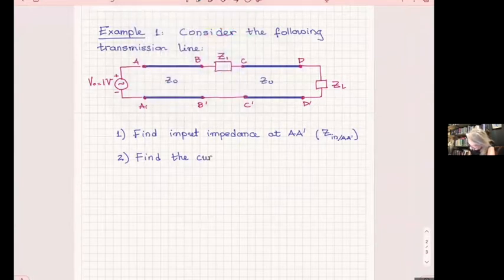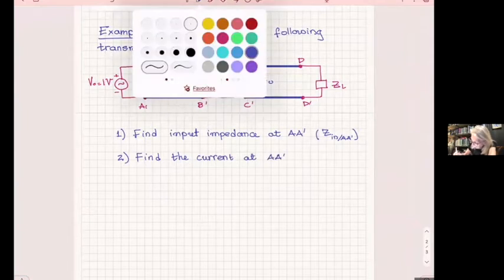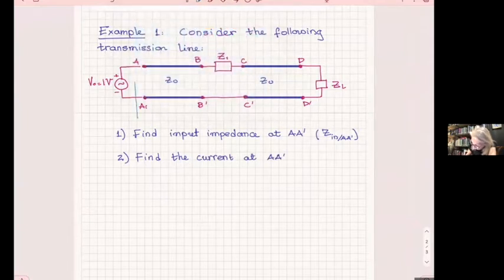The current at AA prime. So here I have to enter an input impedance. All right, and then the current here would be I at A prime. Okay, now what do I give you?